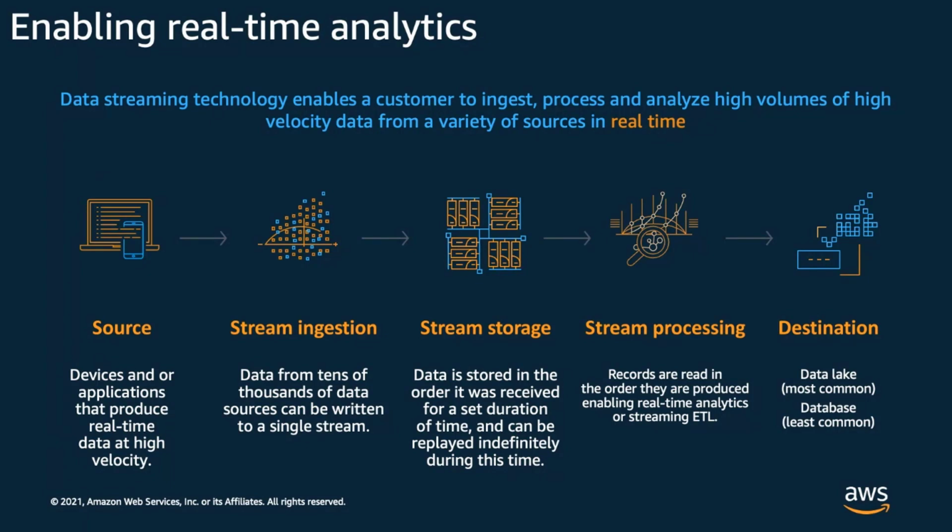Now, streaming storage, which is right in the middle of the slide and also at the heart of a lot of streaming architectures, is core to any streaming data use case. It provides very high volume to write very efficiently and reliably, and data is stored securely and cost efficiently.